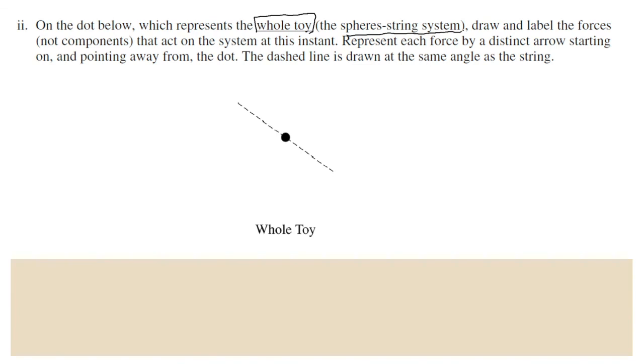And while it is true that the force of gravity definitely acts on the whole system, the force of tension does not. The force of tension is a force that is internal to the system. And so the only force that is acting on the whole toy is the force of gravity. That's a really important thing to understand. Gravity is the only net force. The tension is an internal force.